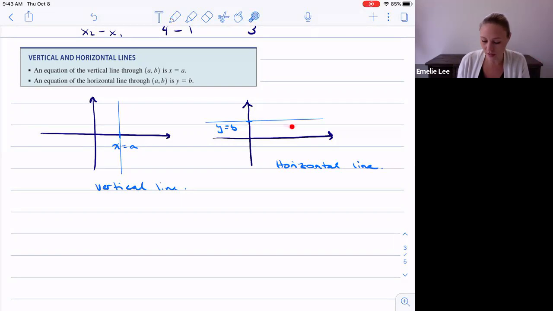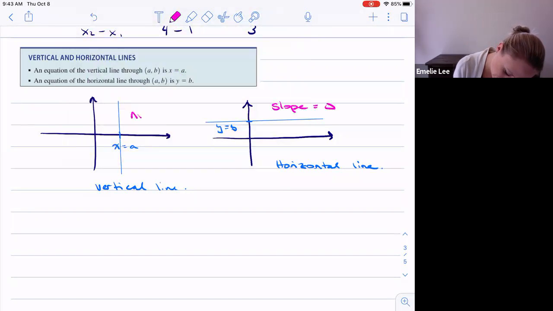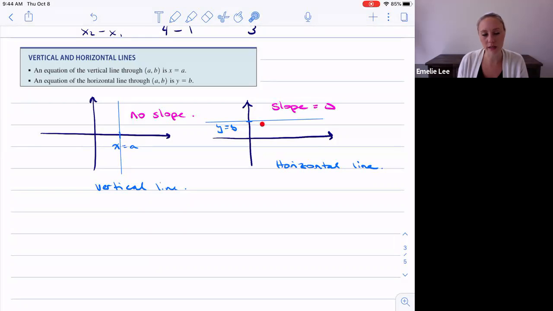So a horizontal line has a slope of 0, whereas a vertical line actually has no slope. Slope equals 0, and this has no slope. If you think about rise over run, well, here the rise is 0 because it doesn't change, right? It just keeps going straight across. 0 divided by anything is just going to be 0.